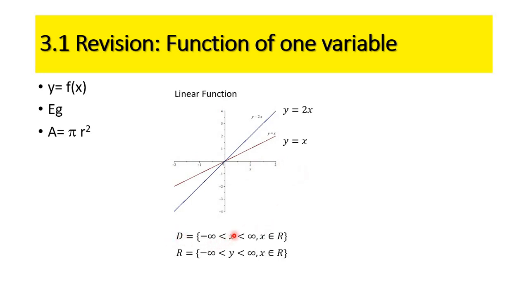Domain, we said for a function of one variable, domain is the value of x, range is the value of y. So in this case, you see x takes up from negative infinity up to positive infinity. Range is actually the value of y. So y also takes up from negative infinity up to positive infinity. So this is the domain and range for a function of one variable.